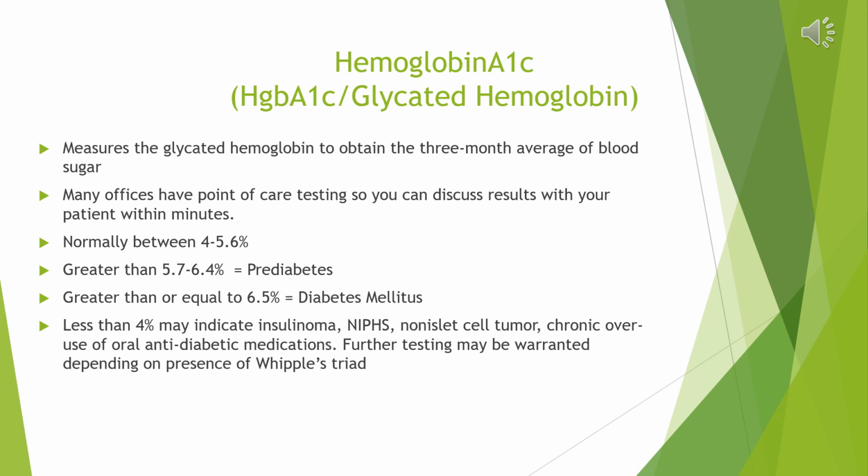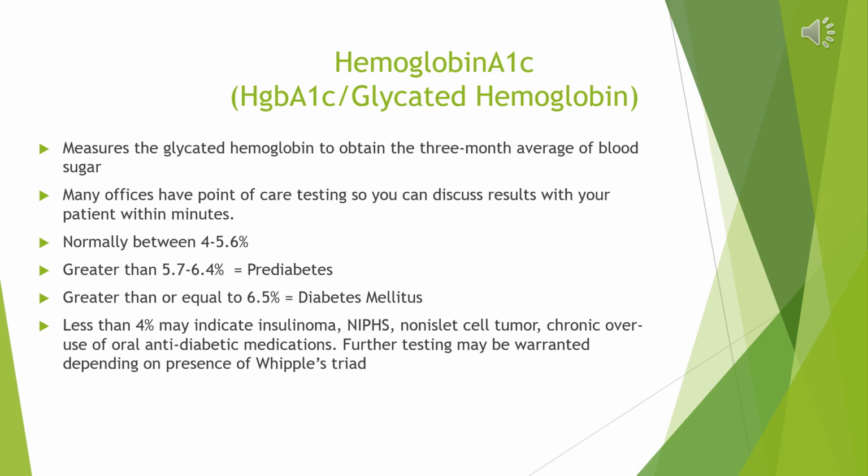Basically, put them in control of their health. Depending on the level and how much it rose between the previous one that you've done, you may want to screen them again, do another hemoglobin A1C in 3 to 6 months, something like that. You may not want to wait a whole year. It just kind of depends on the case.